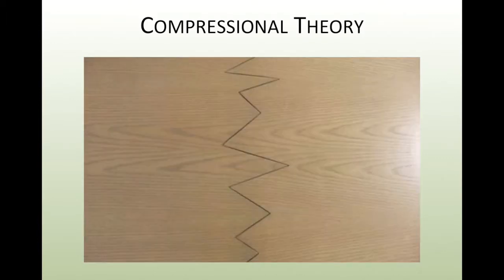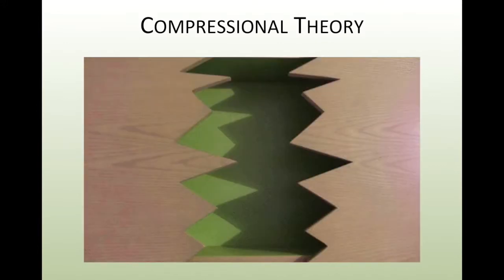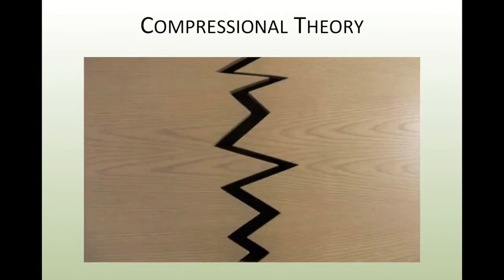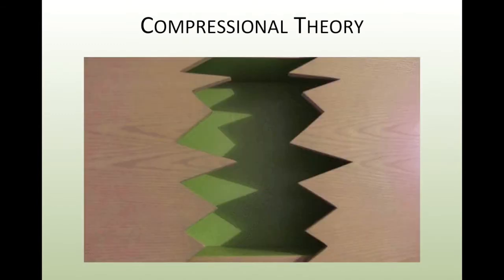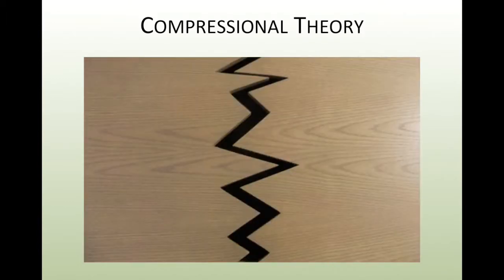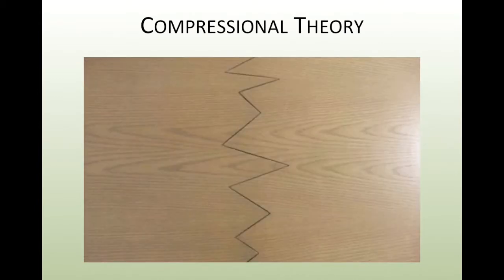Think of a table, and if you have a completely homogeneous table and you send a compressional wave through there, the compressional wave moves through the table in line with the particle motion, and the person at the other end of the table feels that same waveform, the energy from it, just the same as where it started.